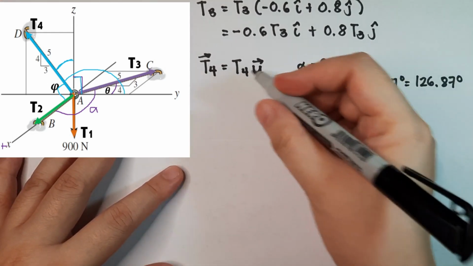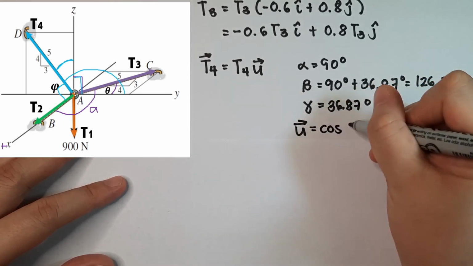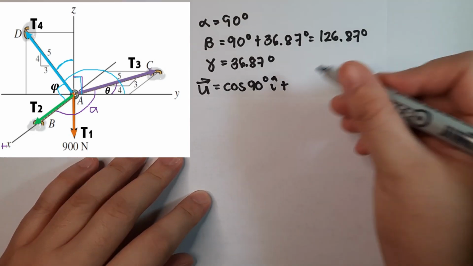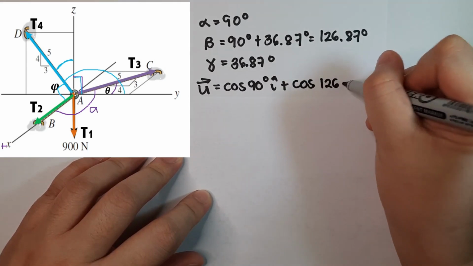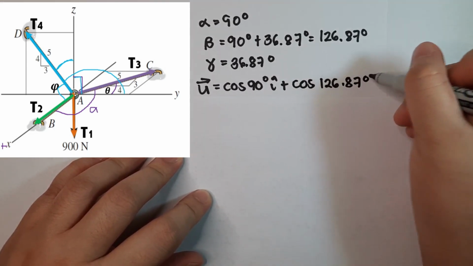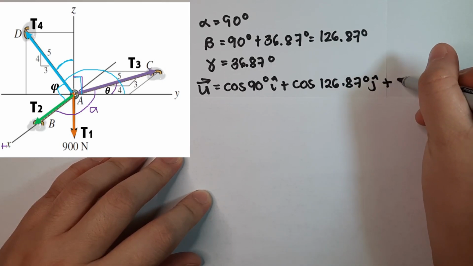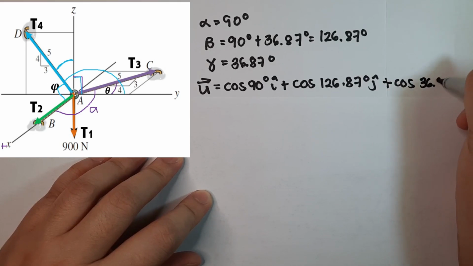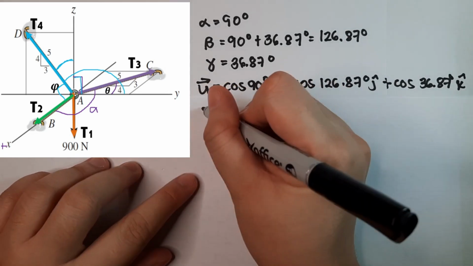Okay, if we now solve for the unit vector, that will be u. This is the unit vector of T4, so that is cosine 90 degrees i hat plus cosine 126.87 j hat plus cosine 36.87 degrees k hat.